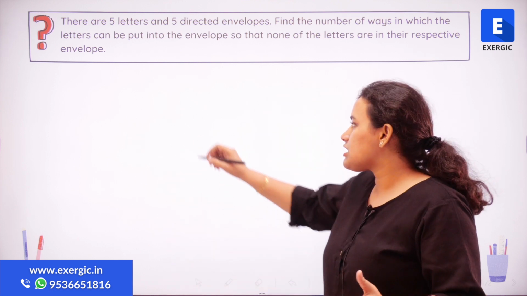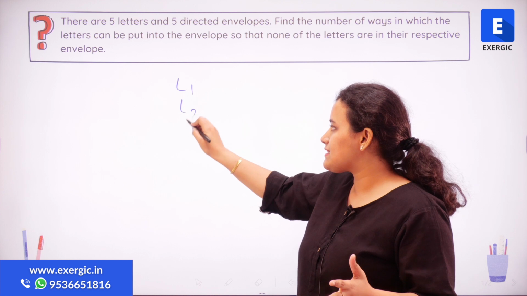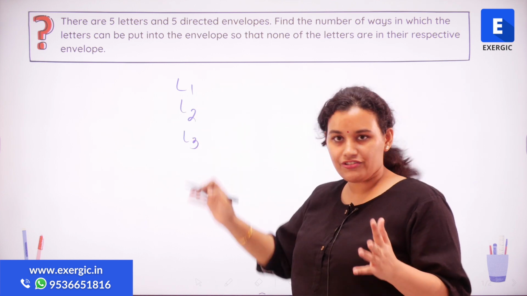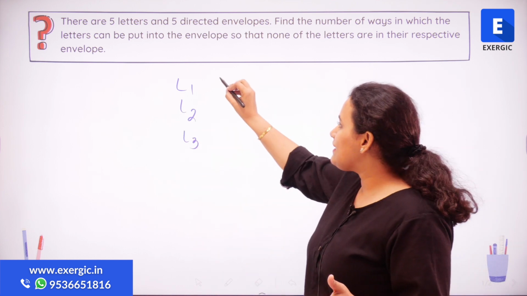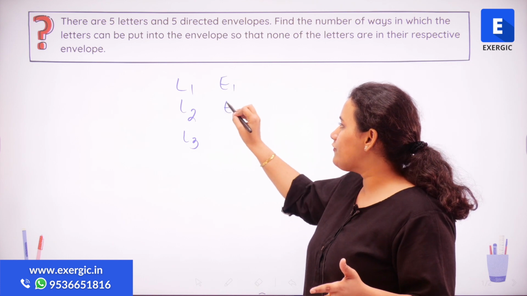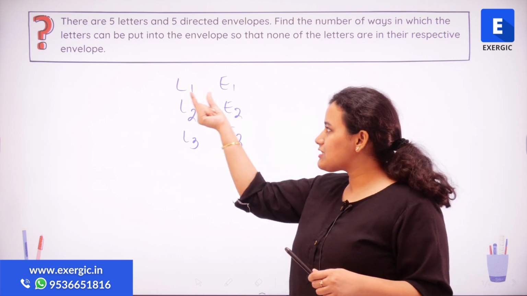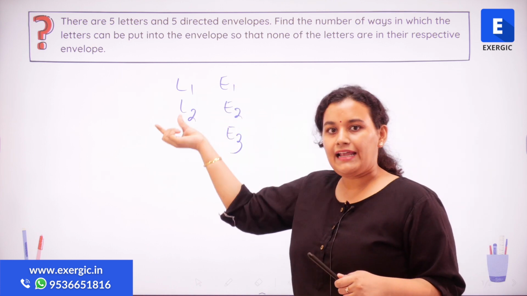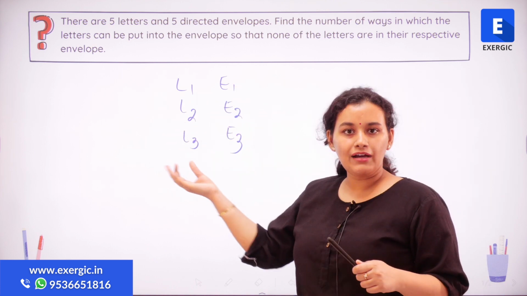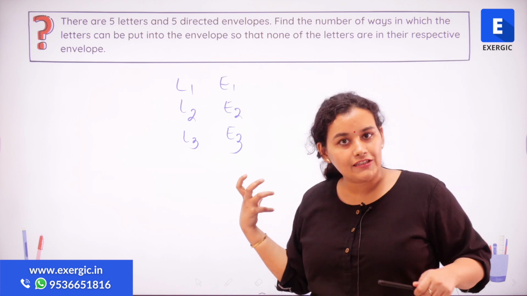So for instance, I have three letters with me, let's say L1, L2 and L3. There are three letters and they have their respective envelopes. Respective envelopes means that L1 is supposed to go to E1, L2 is supposed to go to E2 and L3 is supposed to go to E3.